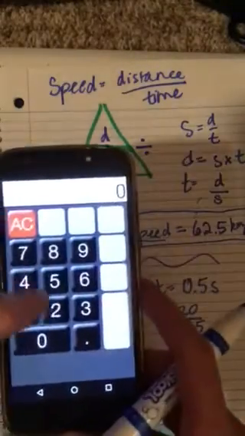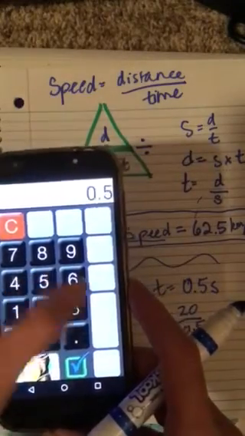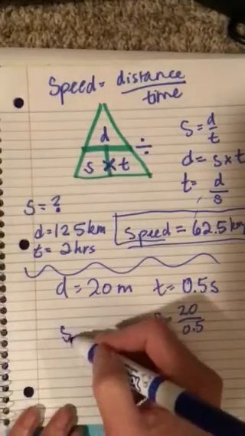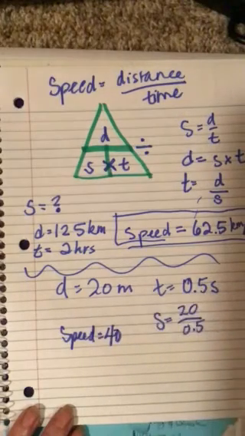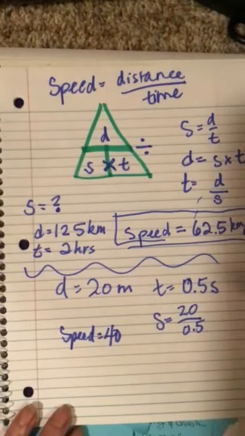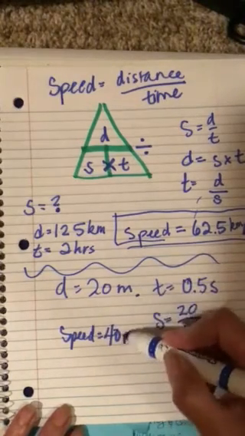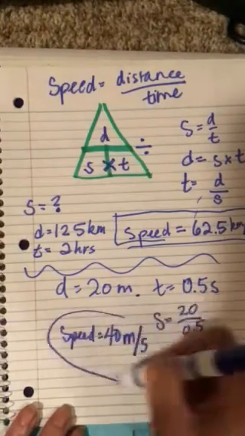And we're going to take 20 divided by 0.5, and that equals 40. So the speed is equal to 40. 40 what though? It's not miles per hour, it's not kilometers per hour, but in this instance it's meters per second. So meters per second is your answer.